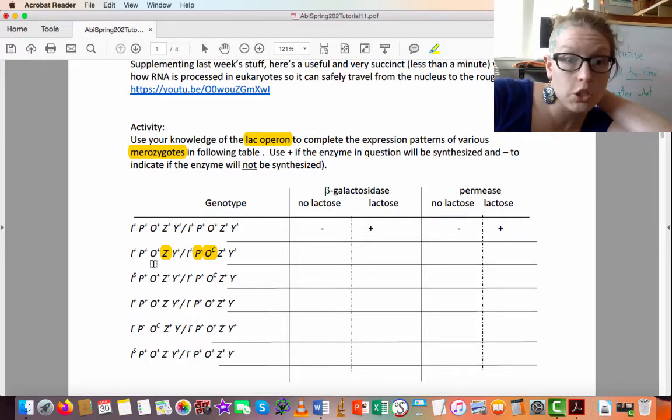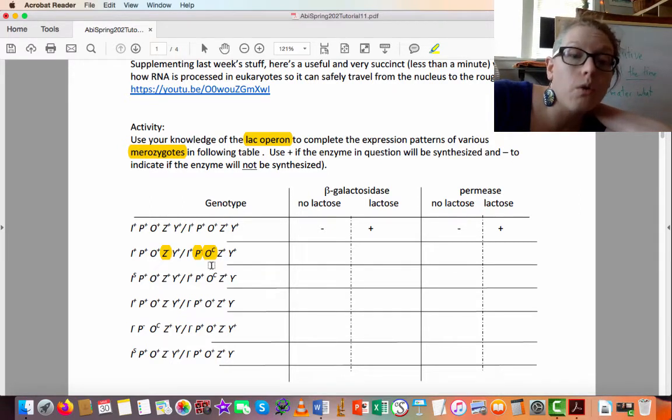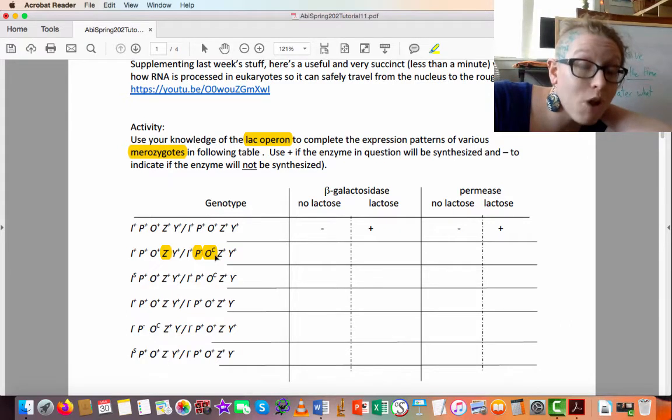Cool. So what's going to happen is we have a heterozygous Z. So for galactosidase, the only Z that's functional is attached to the cis-acting O that's constitutively active, but also a non-functional promoter. And remember, the promoter trumps the operator.